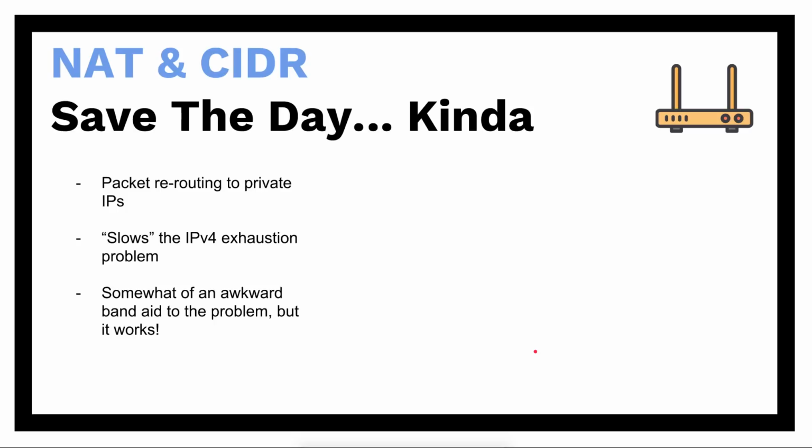But at the end of the day, this is kind of an awkward band-aid to the problem because we still have 2^32 available IP addresses. That number's not going to change. But this is kind of a small resolution, at least in the short term or maybe even long term, for allowing us to reduce the number of IPv4 addresses that we're taking up.